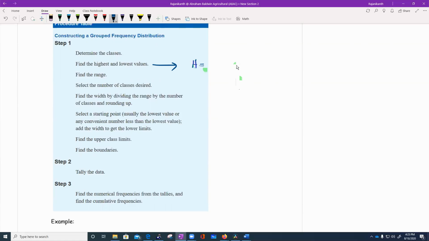And we use uppercase L for the lowest value. Highest and lowest, find these two. Once you know these two, it's always very easy to find the range. We denote range by capital R. So the range is given by simply the highest minus the lowest.